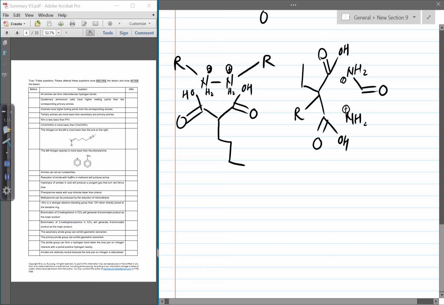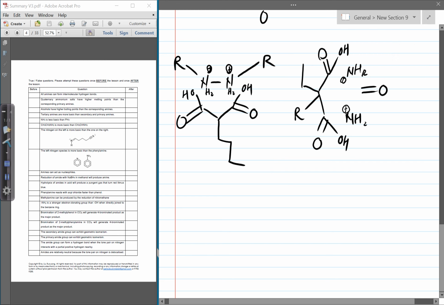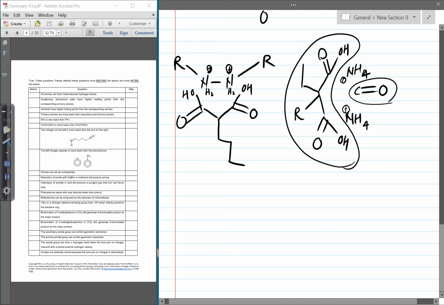So what I will do is I'll break here, and here will become NH4+. Here will become NH4+, correct? And this, common sense tells you, is carbon dioxide, because you have a carbon, you have an oxygen, what else can it become? So you have this part, this thing, and this thing, 3 products.